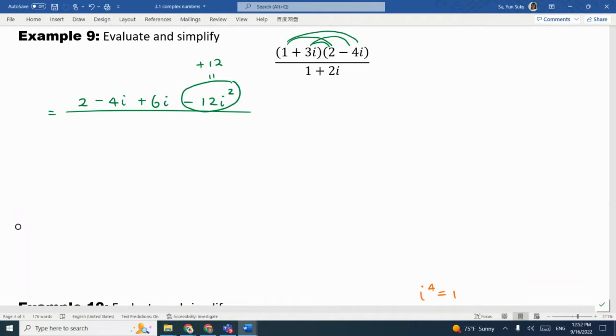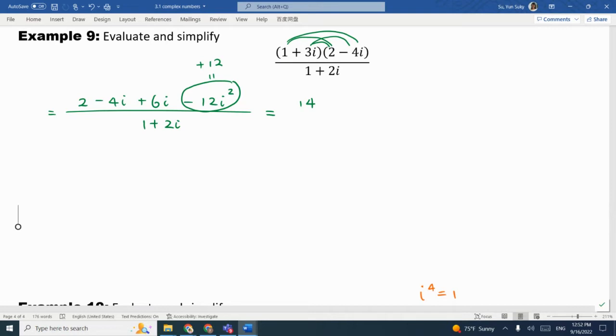So negative negative becomes positive 12. And the denominator is 1 plus 2i. Okay, let's simplify it. The numerator, what's the constant term? 2 plus 12 is, look at it, combine the like terms. Yeah, 14. And then how many i?